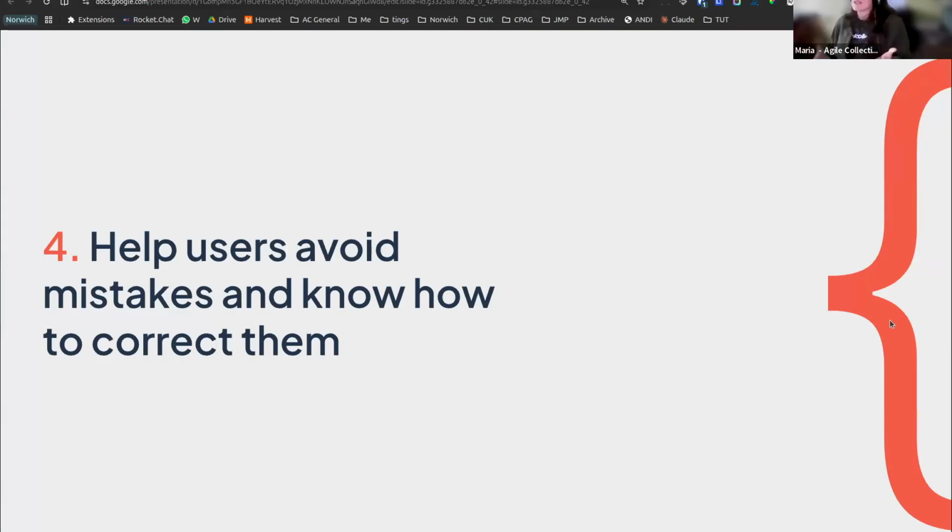Well, I'm going to ask you for ideas about how we do this in a minute, but yeah, how can we help people avoid making mistakes? And what do we know already from our best practice? Yes, using required fields, making it really clear which fields are required and which ones aren't.